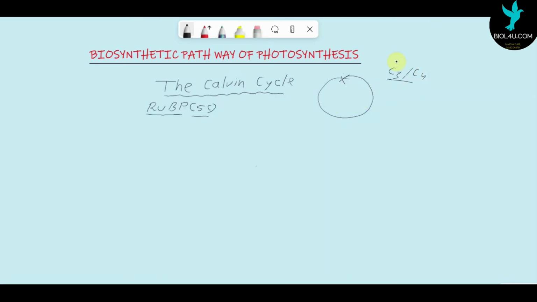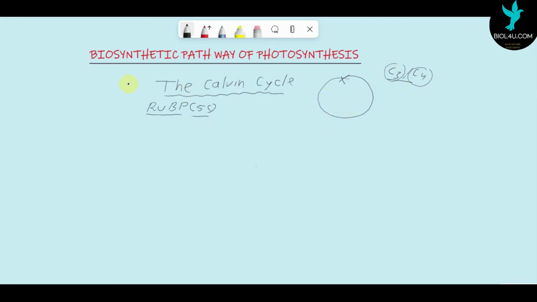But the anatomy of the C3 plant is a little different from the anatomy of the C4 plant, because to operate a C4 pathway it requires some additional characters besides the characters present in the C3 plant. But in both the C3 plant and the C4 plant, the Calvin cycle will operate.